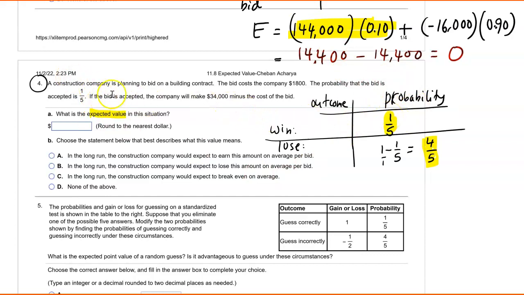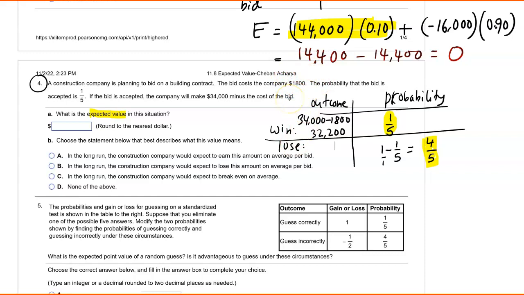Okay, if the bid is accepted, the company will make 34,000 minus the cost of the bid, which is 1,800. So it's 34,000 minus 1,800, which equals 32,200. Okay, if the company did not win the bid, the company must pay $1,800.